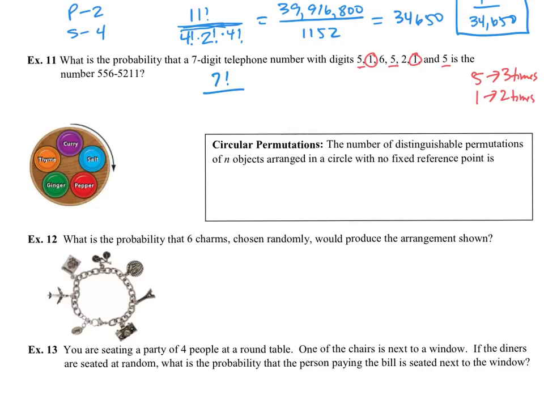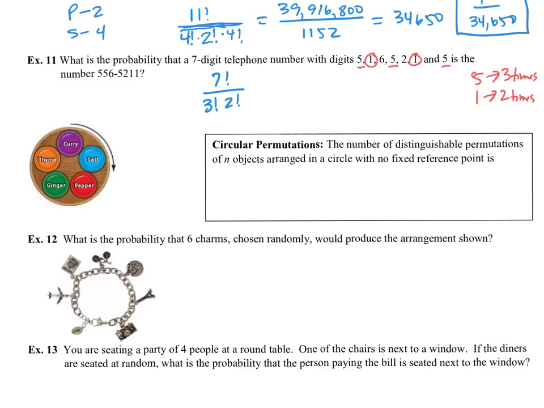So according to the formula, we would put 3 factorial in the denominator times 2 factorial. Again, we're not putting the number 5 or the number 1 in the denominator. What we're putting is the number of times that those numbers occur in this list. So 7 factorial over 3 factorial times 2 factorial.